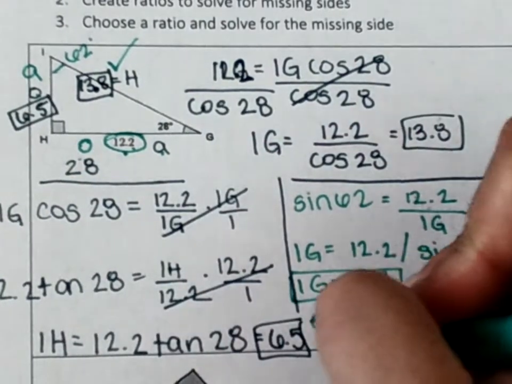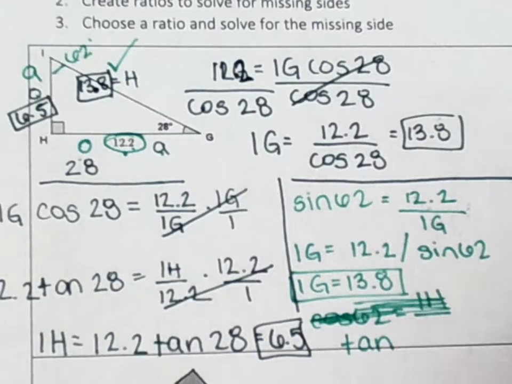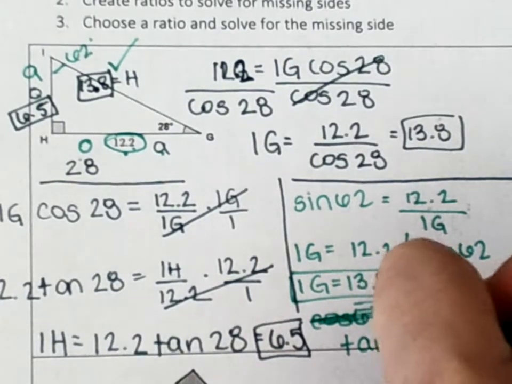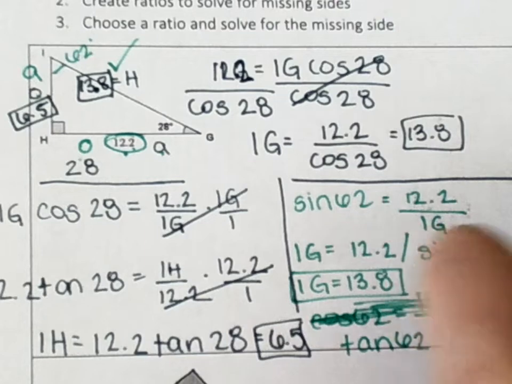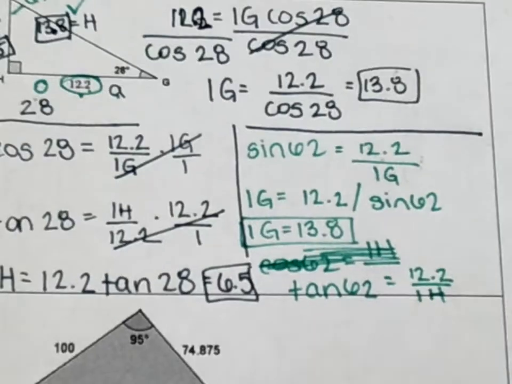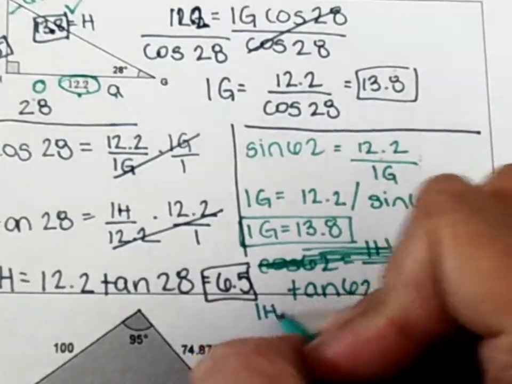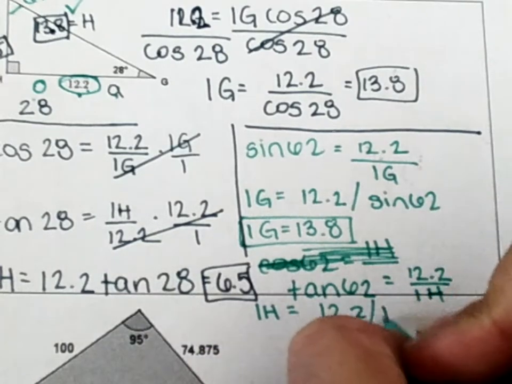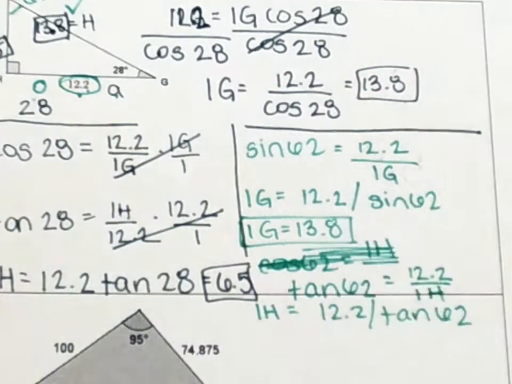So if we did tangent of 62, we would then get 12.2 over IH, which means that would eventually become IH equals 12.2 divided by tan of 62.